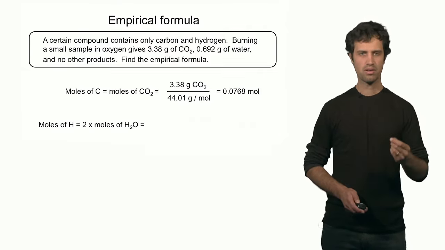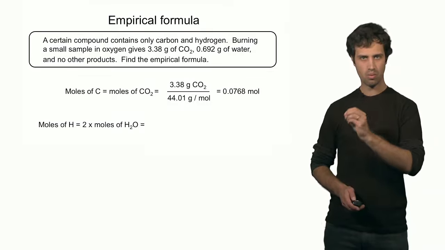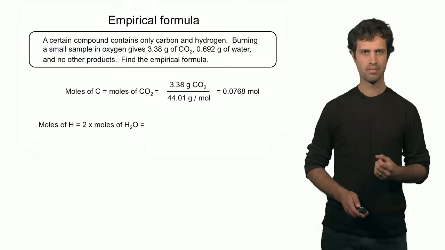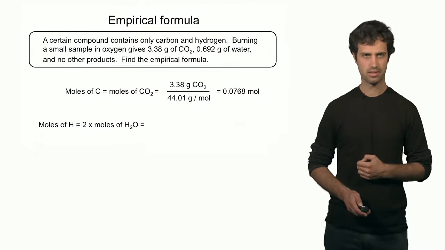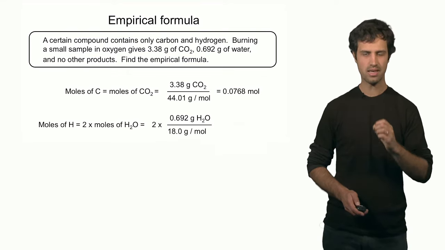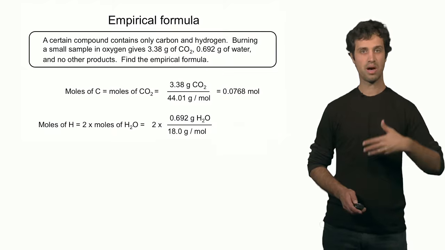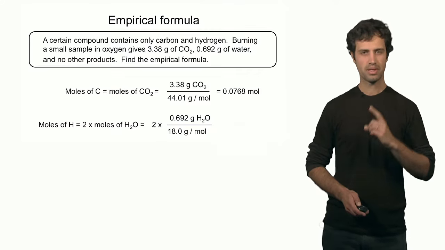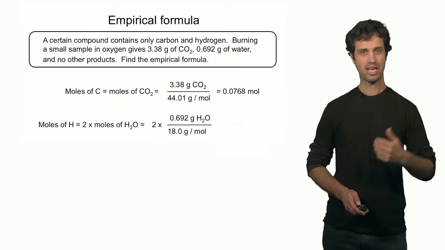Well, the amount of hydrogen in my original compound is twice the amount of water molecules that I form, because each water molecule has 2 hydrogens in it. That means 0.69 grams of water divided by the molar mass of water is the amount of moles of water, but each water contains 2 hydrogens, which means I multiply that by 2.